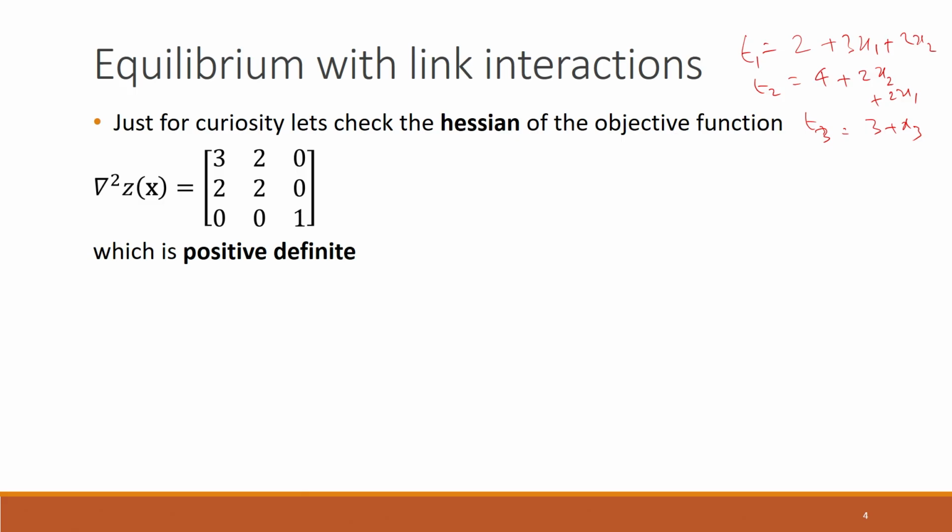Here, if you remember, the derivative of the travel time on any link with respect to the flow on that link is just the travel time on that link.